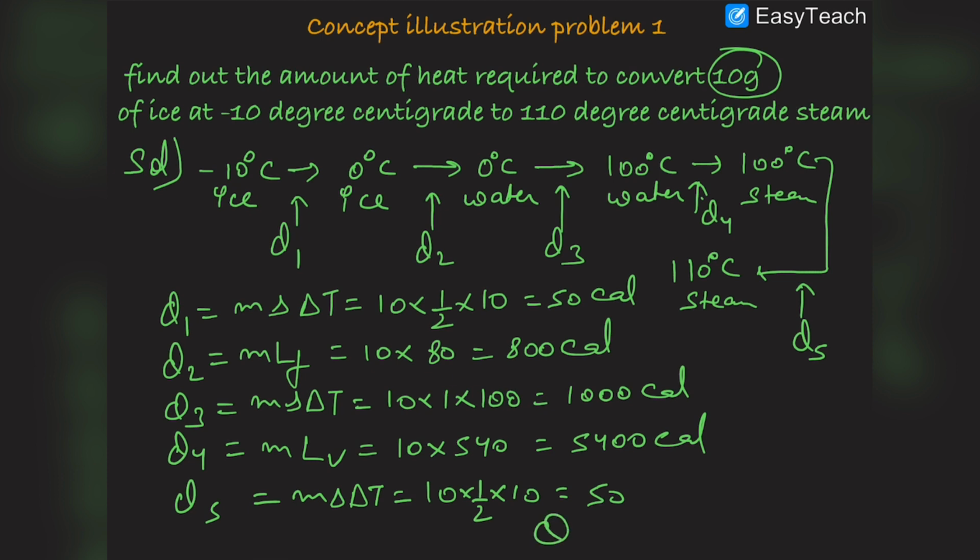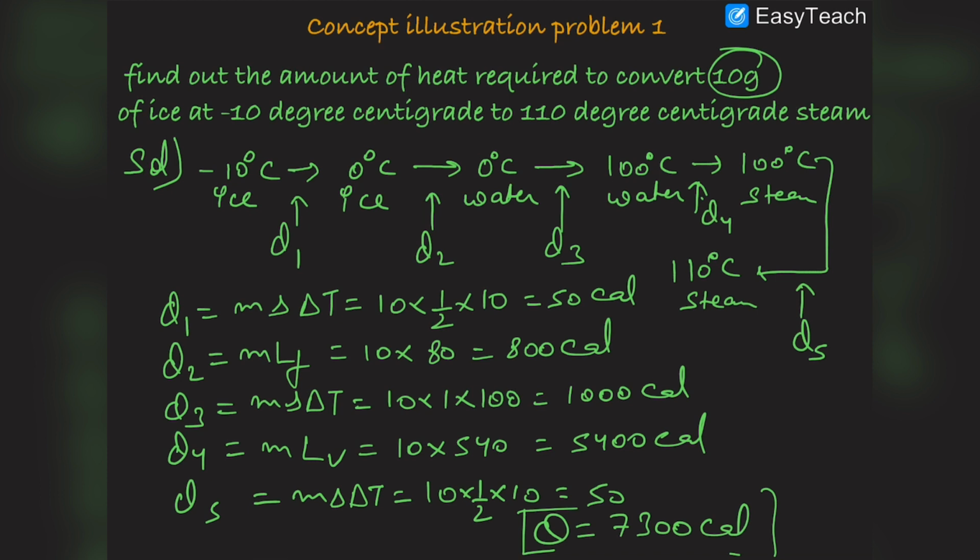So the total heat would be the sum of all these heats, and I think it would be, this is 100, this is 900, and 1900 plus 5400 would be equal to 7300 calorie. So this heat would be required for raising the temperature of minus 10 degrees Celsius ice into 110 degrees Celsius steam.